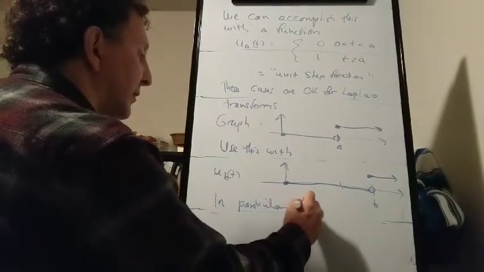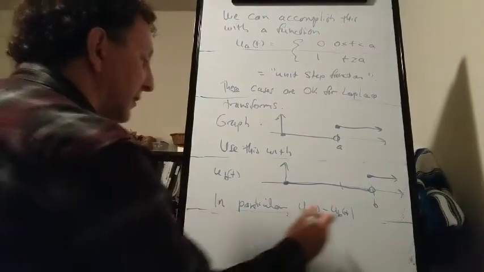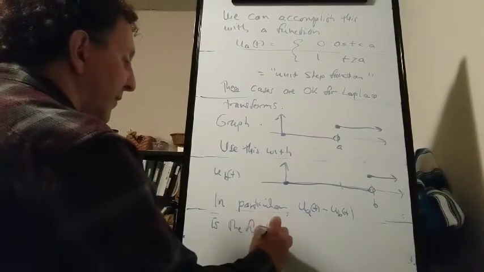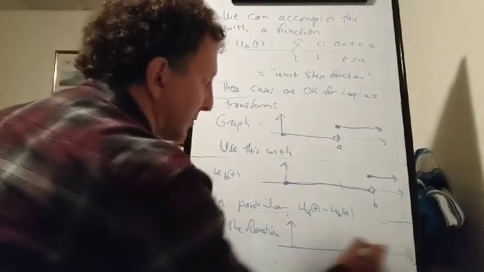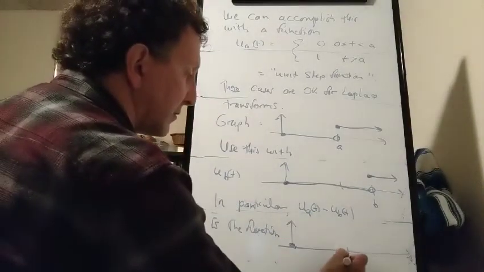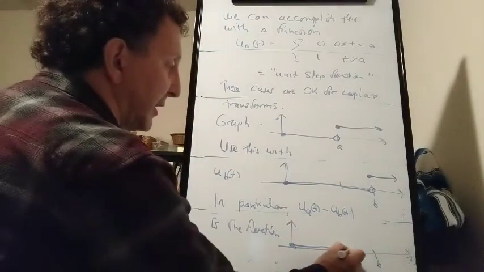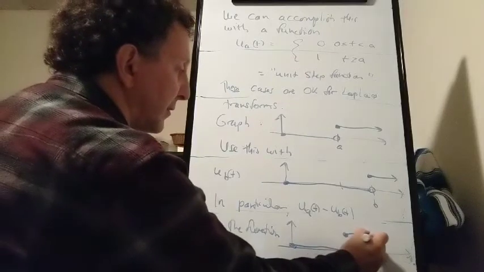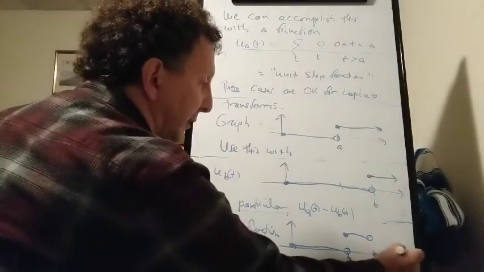In particular, u_a of t minus u_b of t is the function that's 0 all the way up until a, and then it's 1 from a to b, and then it's 0 again after that.